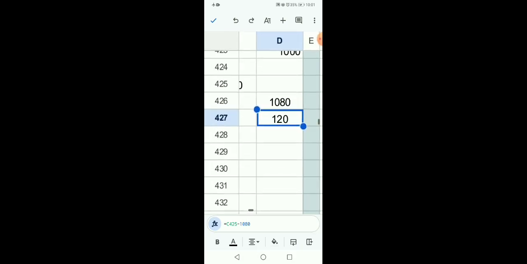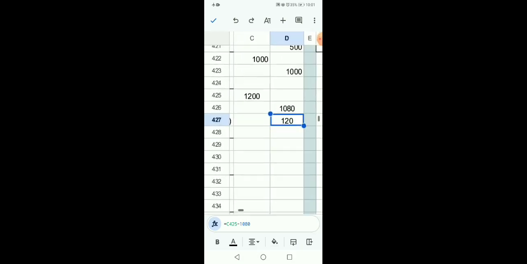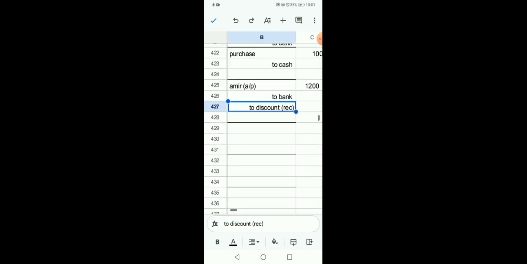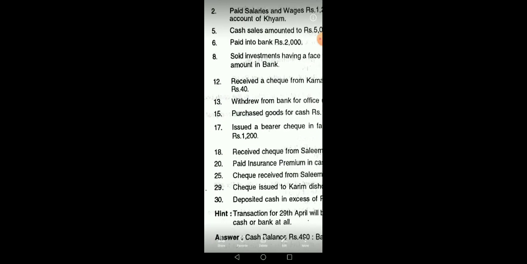You will subtract credit side from debit side. On debit side it is 1200, you will subtract the amount present on credit side, which is 1080. So you have come to know that the deficient amount was 120 and you will consider it as your discount. In this way entry number 17 is completed.